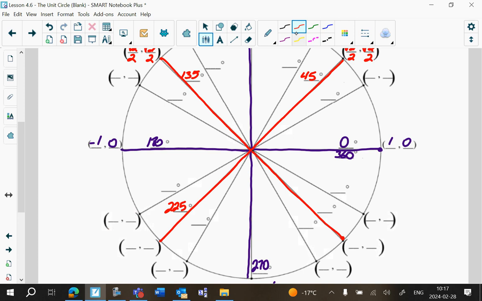What's this angle? 315, because if you think about it, you can do it a couple of ways. You go all the way around 360, but then subtract 45. Or you can think of it that you're going around 270 and adding another 45. What's this one? Correct.